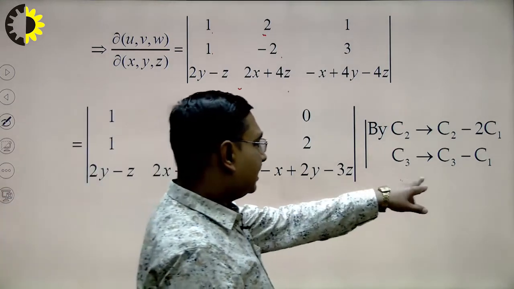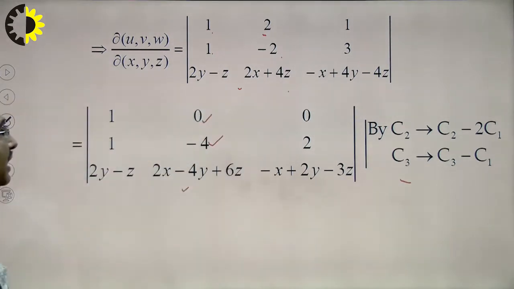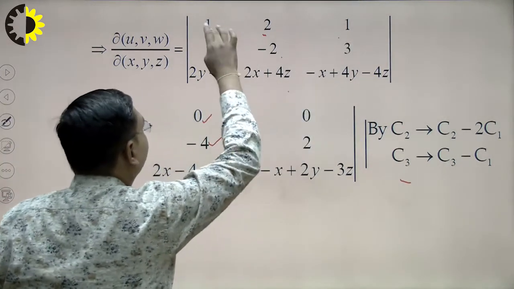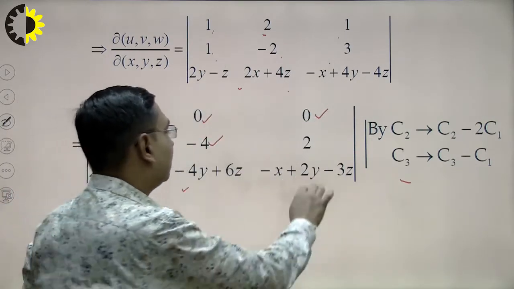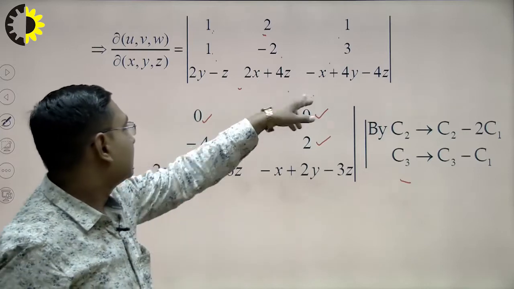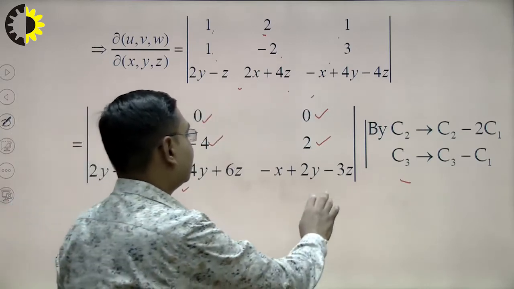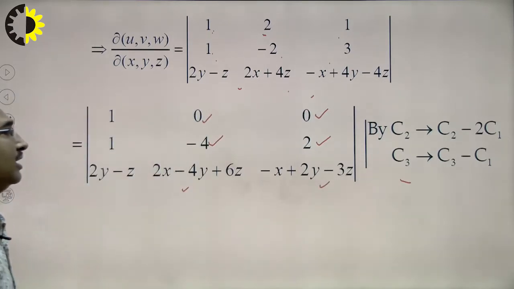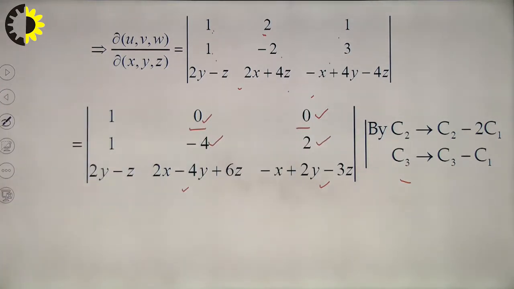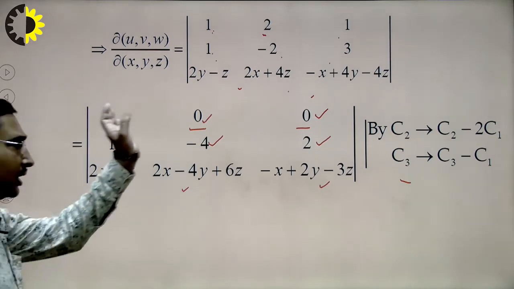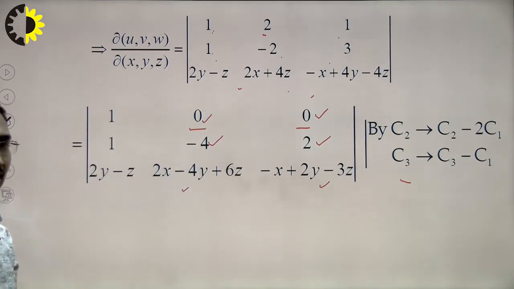Similarly, C3 minus C1 gives 1 minus 1, 0; 3 minus 1, 2; and this minus this, that is minus x plus 2y minus 3z. Now this determinant has two elements 0 in the first row, and therefore it can be expanded easily along the first row.